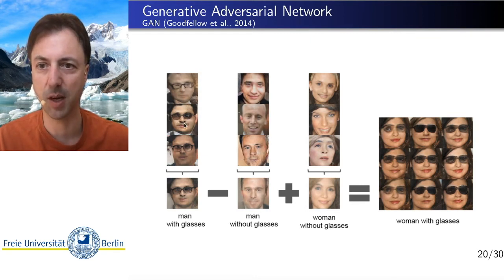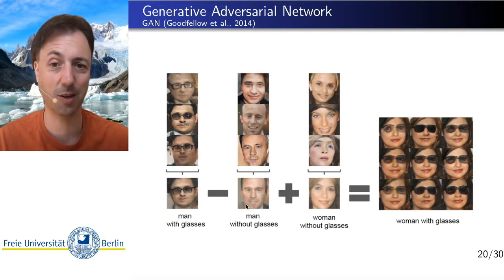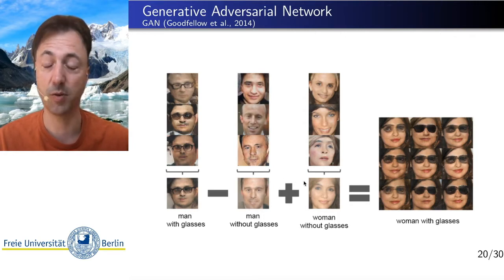So anyway, these are men with glasses, and now we take images of men without glasses, and we take images of women without glasses, and we do the following operation. We take a sample of men with glasses, subtract a man without glasses, and add a woman without glasses. We do this operation in latent space.